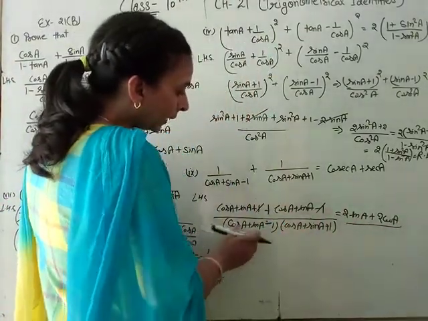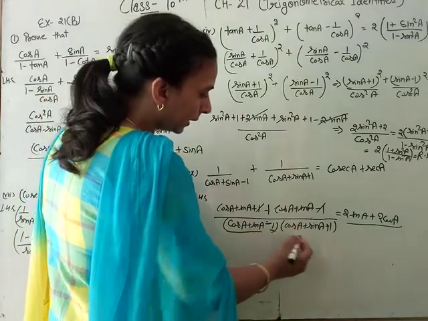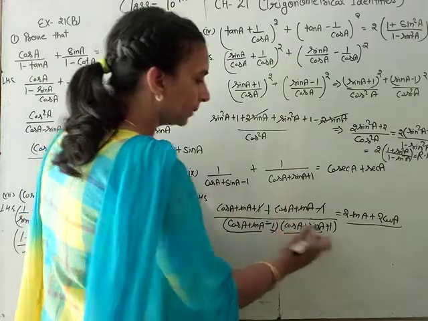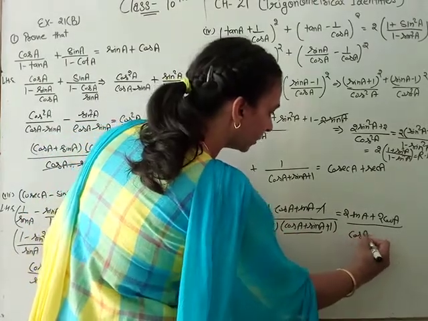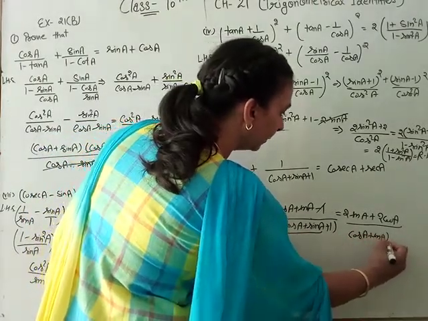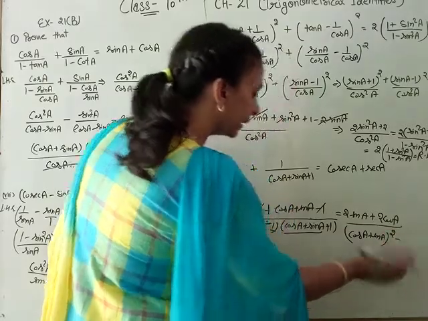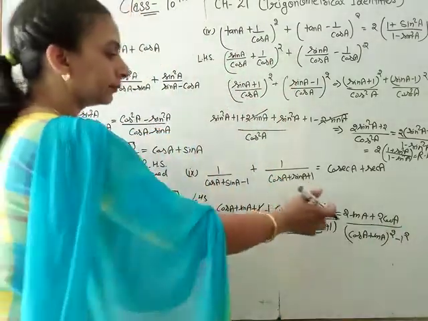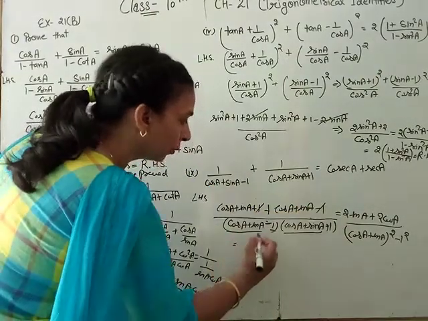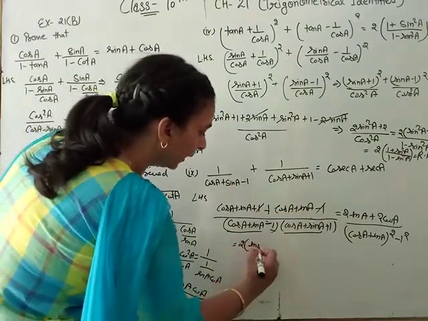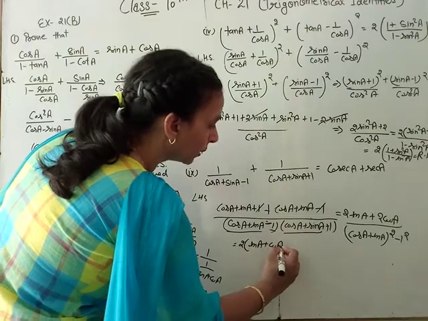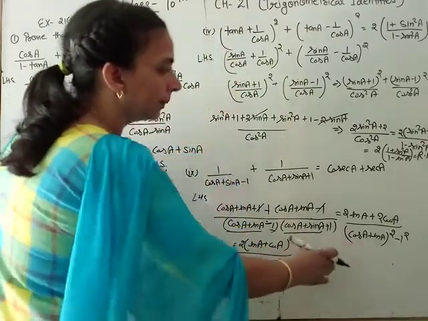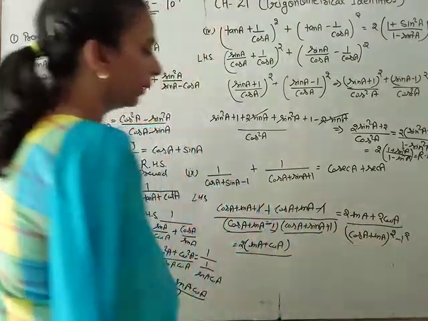This is A, this is B: A plus B times A minus B, so cos A plus sin A whole square minus 1. In the numerator you take common 2, then sin A plus cos A, divided by cos A plus sin A whole square minus 1.